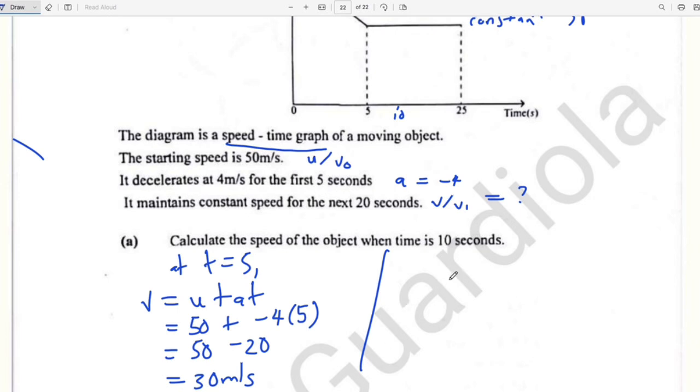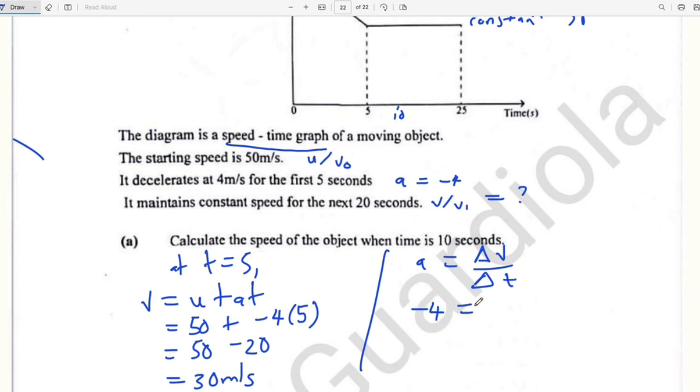Or if this one is difficult to remember, we can also use another motion equation, where acceleration is equal to change in speed divided by change in time, delta t. So a is equal to delta v, which represents change in velocity or speed, over delta t, change in time in seconds.